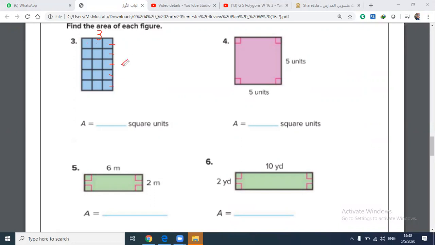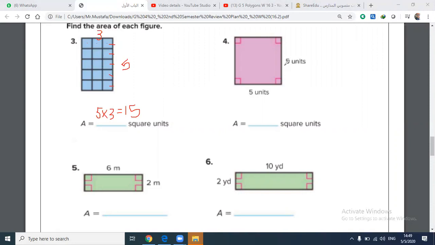So the length is 5. To find its area, just multiply length by width: 5 times 3, using the formula, is 15 square units. Otherwise, I can count all the squares covering this figure inside. To count all squares, it will be 15.